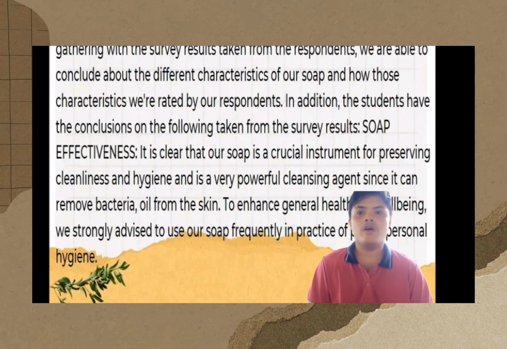For soap effectiveness, it is clear that our soap is a crucial instrument for preserving cleanliness and hygiene, and is a very powerful cleansing agent since it can remove bacteria and oil from the skin. We have witnessed from the table that our soap effectiveness has higher ratings, such as 8, 10, and mostly 10.